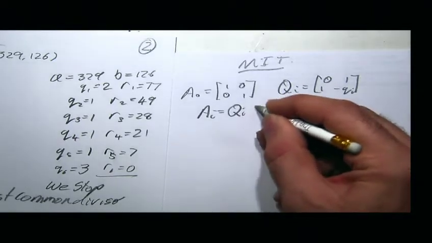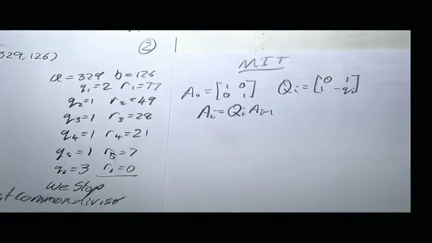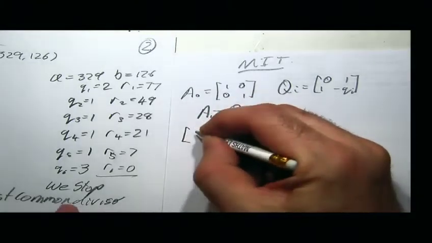Qi Ai minus 1. So I thought to myself, why on earth do I want to know that? But this process here is that matrix method where we can actually do the same thing. So what we're saying here is, I'm going to just write them out.